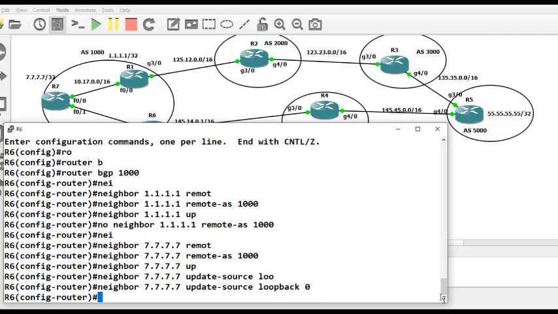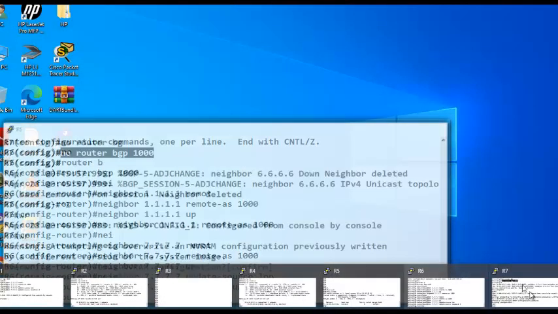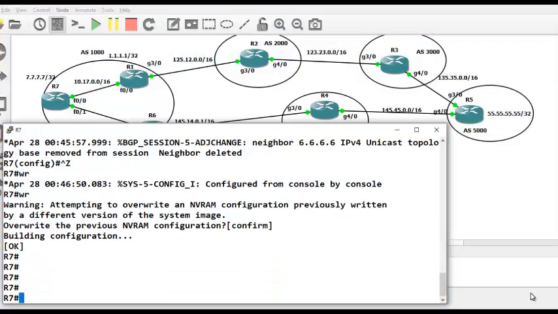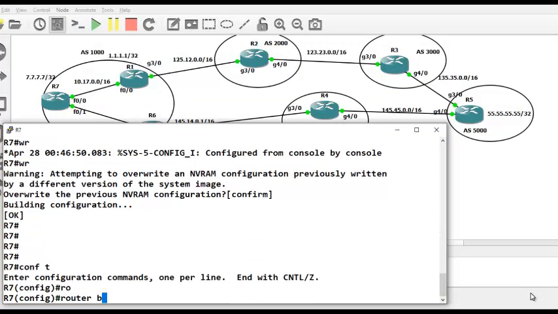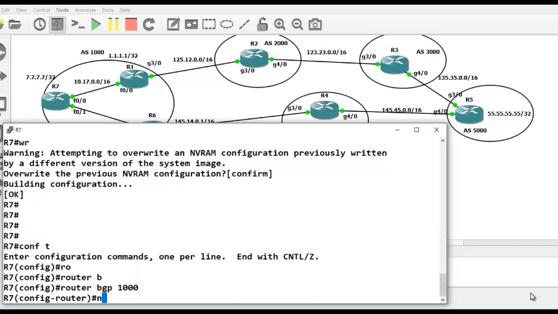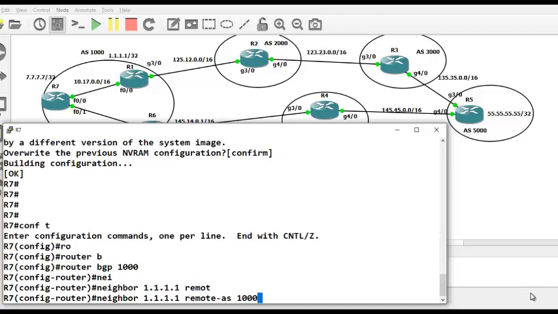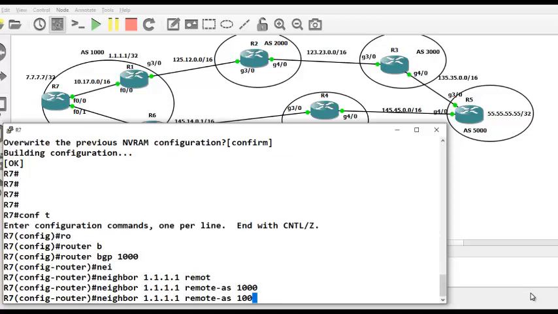So router 6 is forming neighbor with 7 and 1 is trying to form neighbor with 7, but router 7 is not yet configured. Let's bring router 7. Router BGP 1000, neighbor is 1.1.1.1, remote AS is 1000, update source.